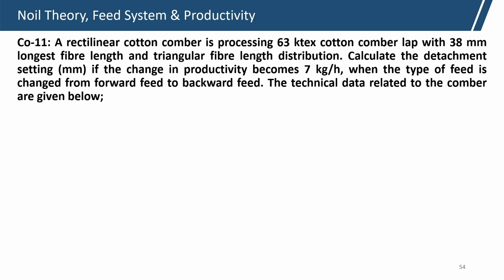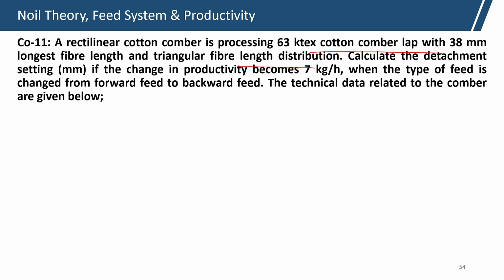So, here the last numerical is a Noil theory, feed system and productivity. These are combined. So, a rectilinear cotton comber is processing 63 tex cotton comber lap with 38 millimeter longest fiber and triangular distribution.